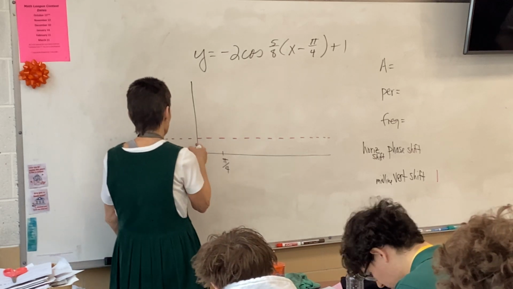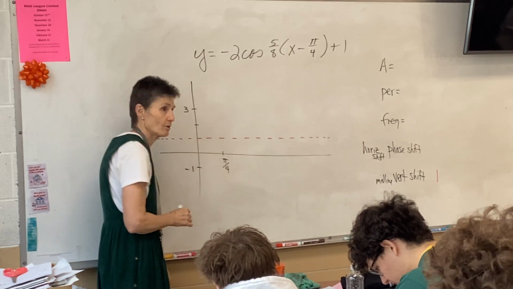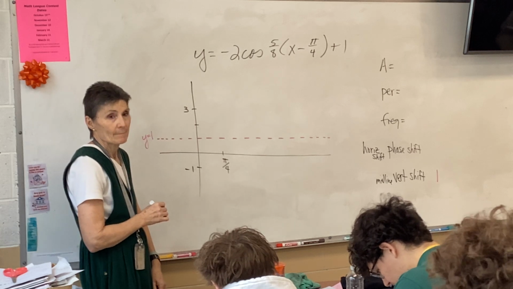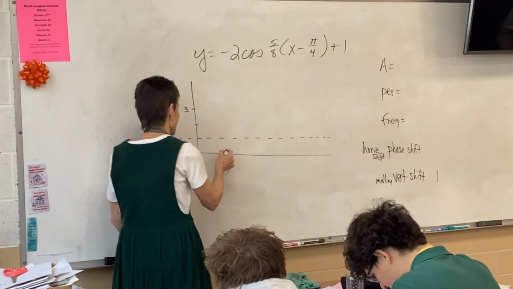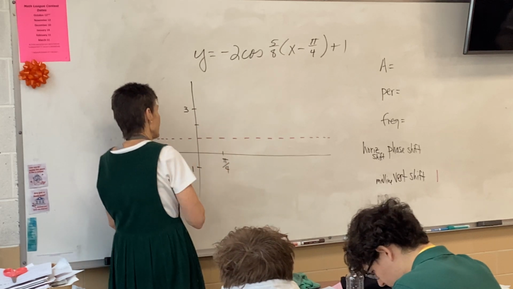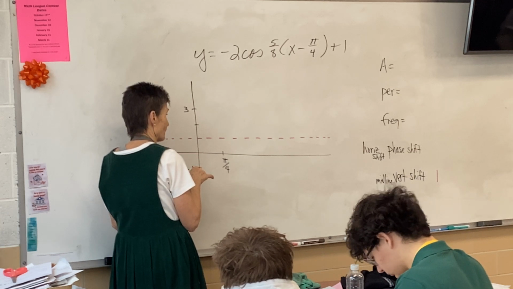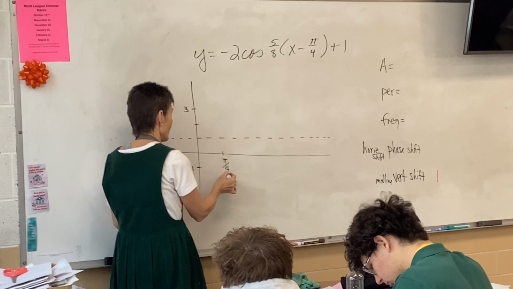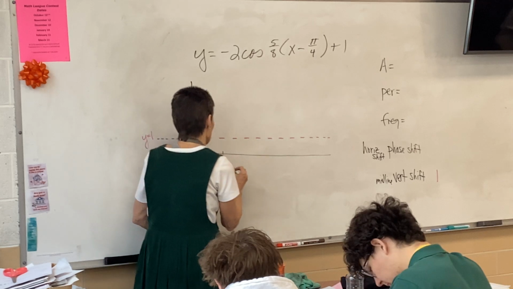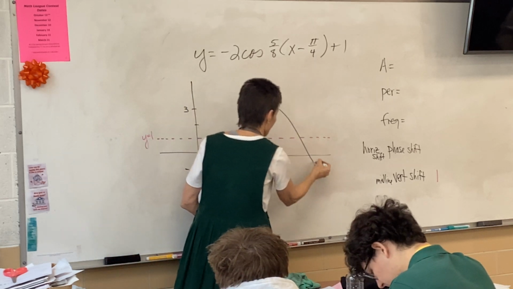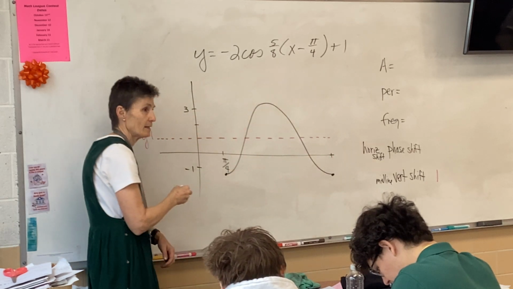My amplitude is 2, so if this is 1, it's going to go up to 3 and down to -1. I know it starts here, and I know it's a negative cosine. Where do negative cosines start? At their minimum. So isn't it going to start right here at -1, come up, come down, and end right where it started at -1?